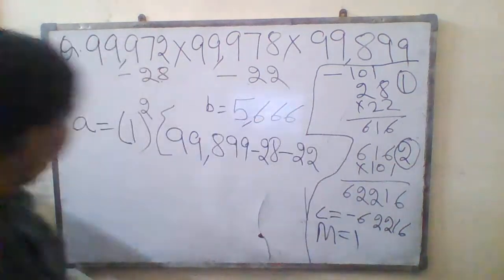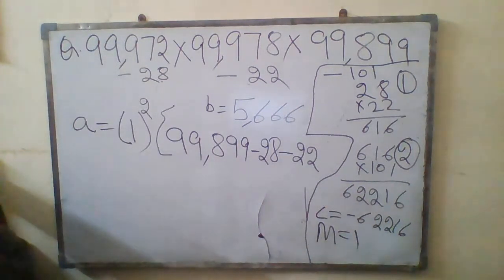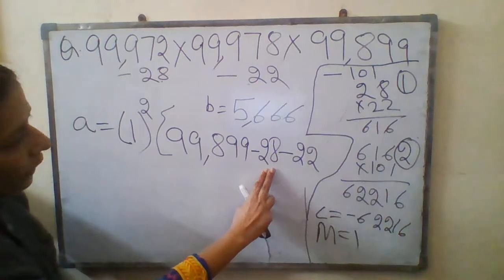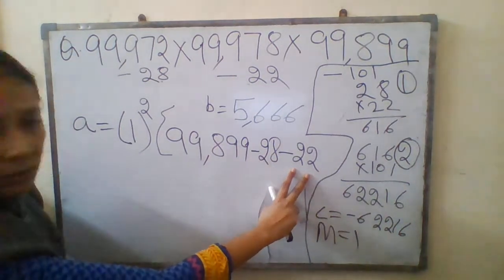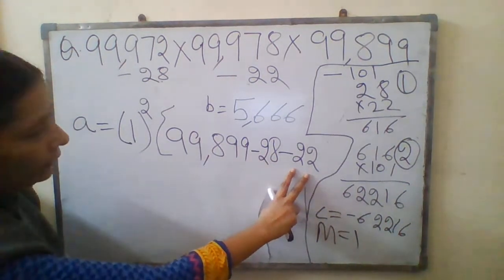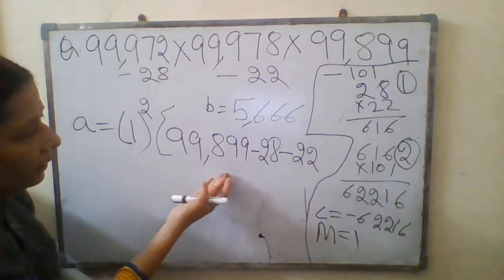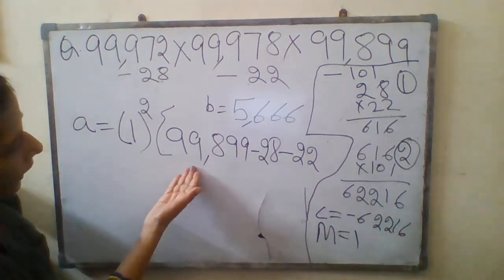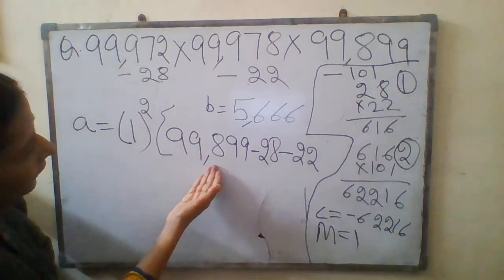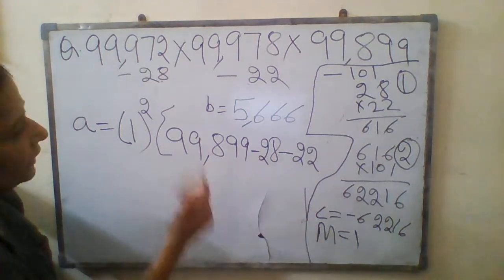Okay, now you see what you will get here. Now see, 28 plus 22 is equal to minus 50. You can do this calculation in your mind itself. Now 99,899 minus 50.